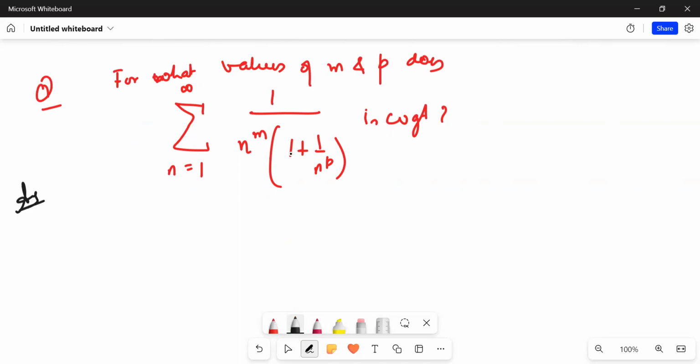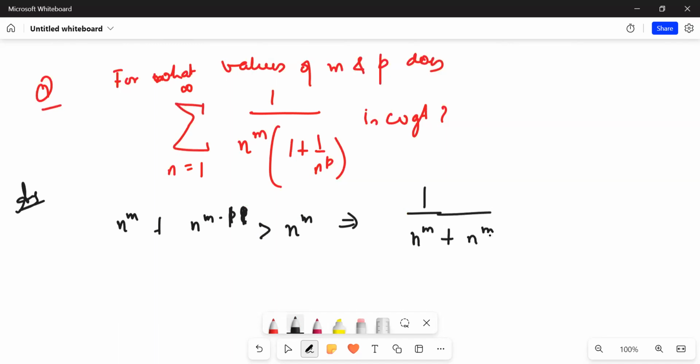So understand one point, that n raised to power m plus n raised to power m minus p would certainly be greater than n raised to power m. And it implies that 1 upon n raised to power m plus n raised to power m minus p would certainly be less than 1 upon n raised to power m.